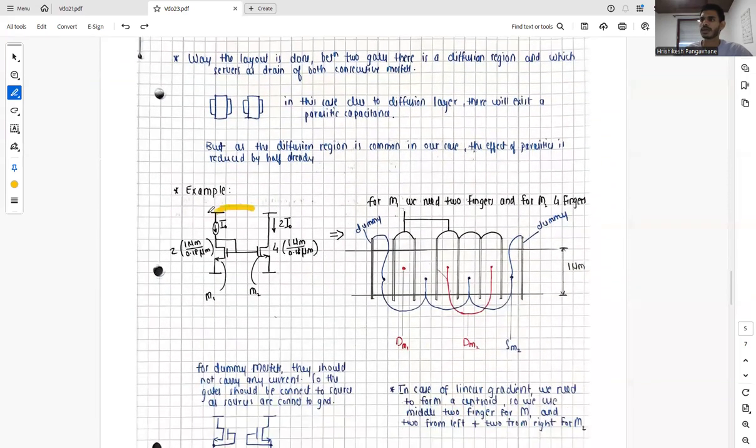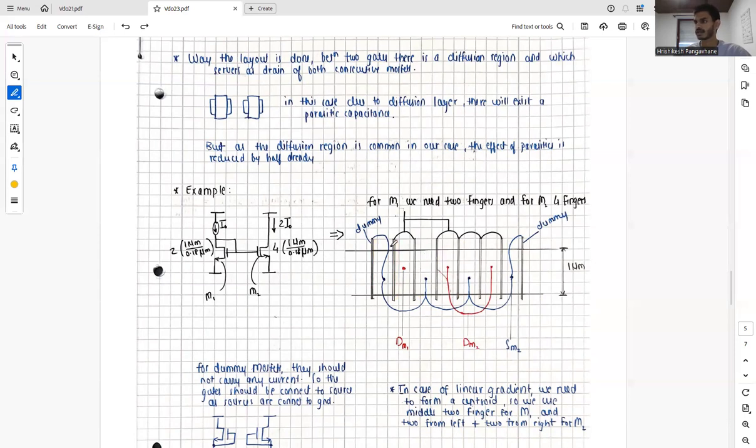And let's take an example. We want to implement this kind of structure again, where we have reference I naught and we want a replica of 2 I naught. So we require an omega by L ratio, and we want 2 fingers for implementing this MOSFET, and 4 fingers for implementing this MOSFET, where we have M1 and M2. So basically, we will have an array of gates the way we implement it.